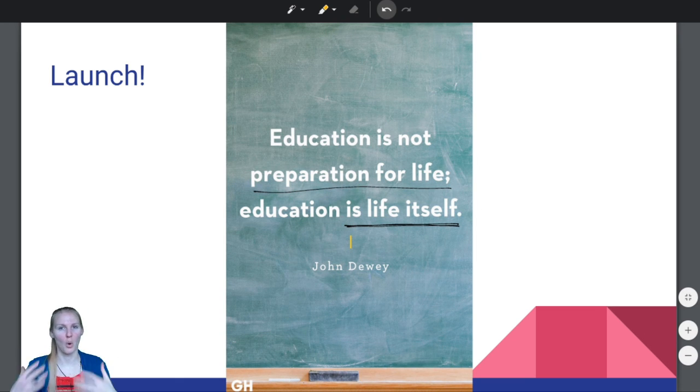As I'm getting older, I'm realizing that I do believe education is life itself. When I think about what I want out of my life, I want to travel and I want to be able to communicate with people in the countries that I want to travel to. I want to learn to speak Spanish fluently. I want to learn to speak Japanese fluently, more or less fluently.